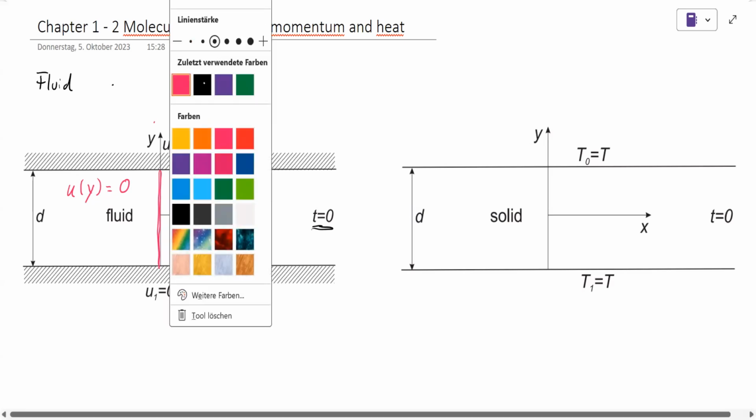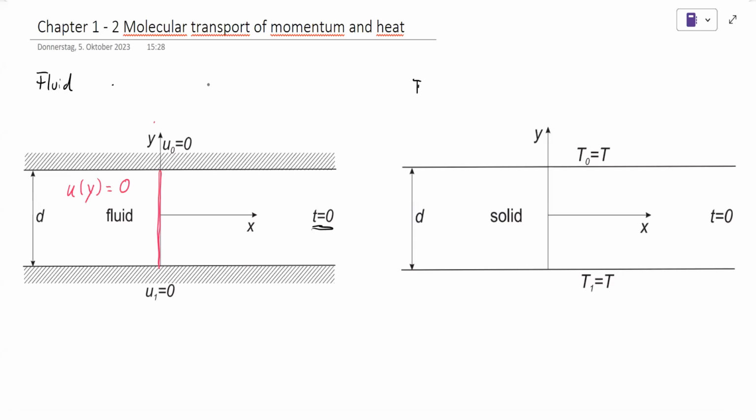On the right-hand side, we see more or less the same, but here it is a thermal problem. We see a solid or maybe a fluid at rest between two plates or two other solids. Both of them have a certain temperature.